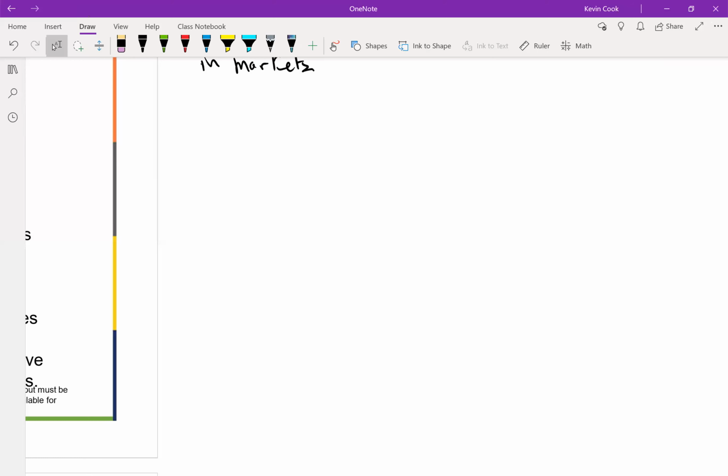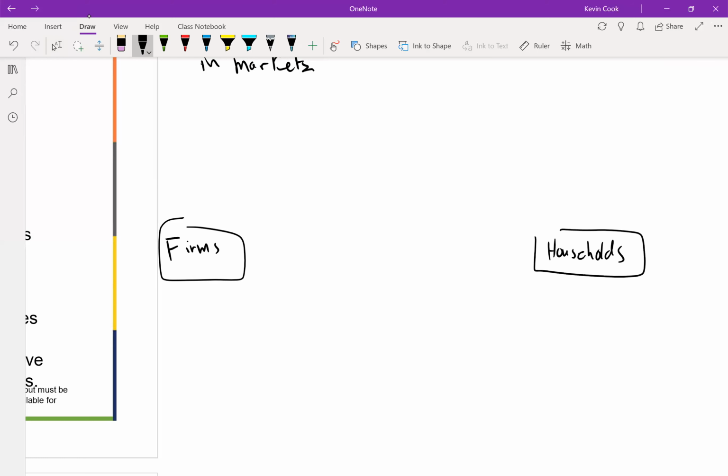So what this model is going to look like is we're going to have two sides to it, or I guess four sides. We have our firms and our households, and these are going to be your two players. They're going to participate in two different markets, the goods and services market and the factors market.